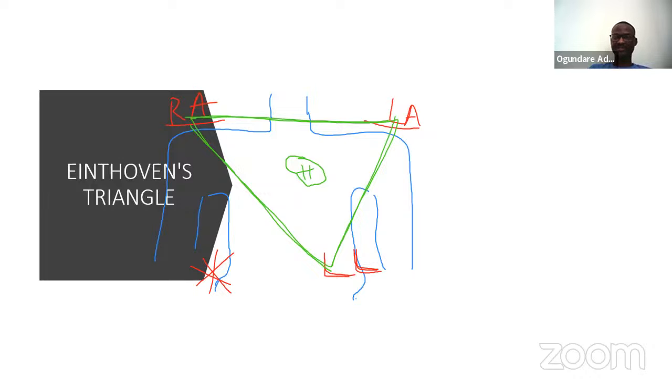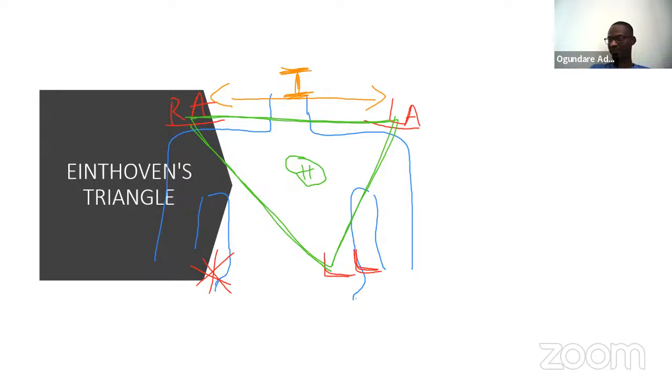The potential difference from right arm to left arm, the electrical activity between this right arm and left arm, is what we measure as lead 1. That's what shows as lead 1.